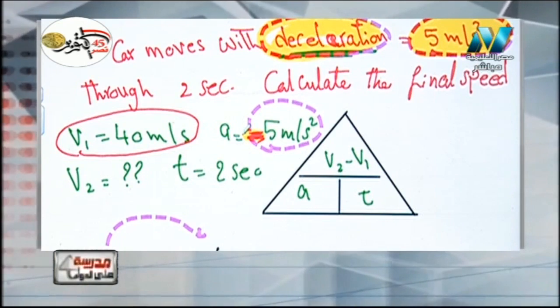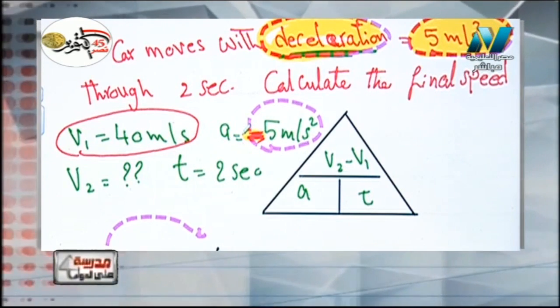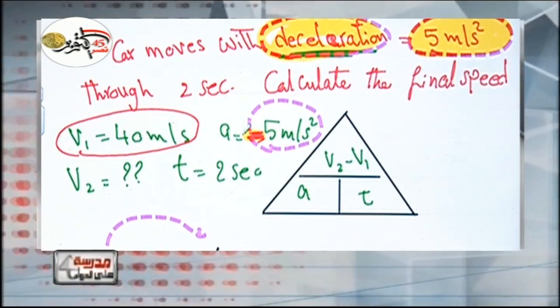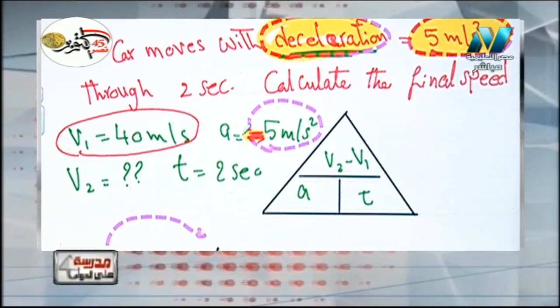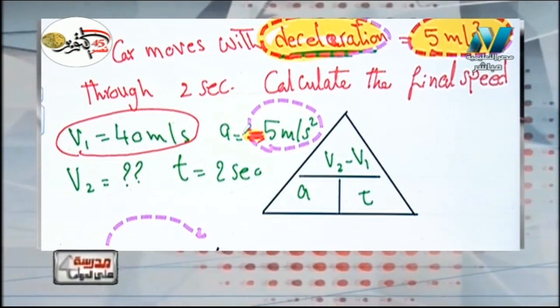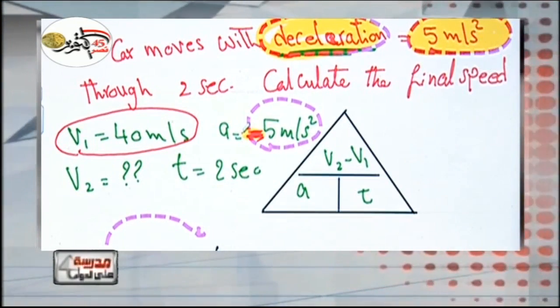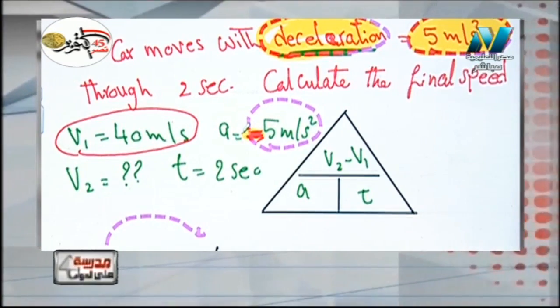Number 3 how can we deal with acceleration, final speed, initial speed, and time. يبقى نخلي بالنا مع بعض ان هنا in these cases we have to write a value beside the acceleration. ان هي في positive acceleration وفي negative acceleration. يبقى احنا عرفنا مع بعض ان with positive acceleration the speed increases as time passes, and with negative acceleration the speed decreases as time passes. At the same time we have positive acceleration with positive value and negative with negative value.